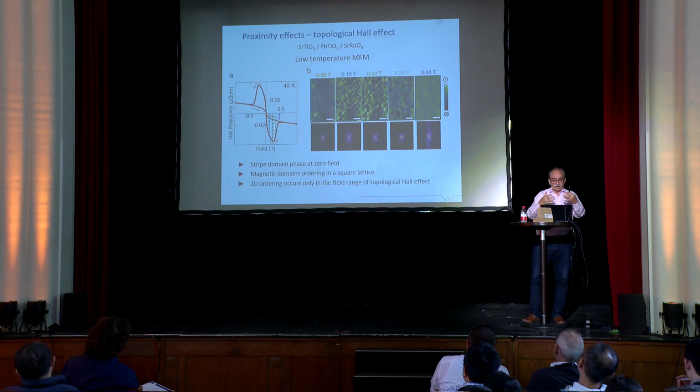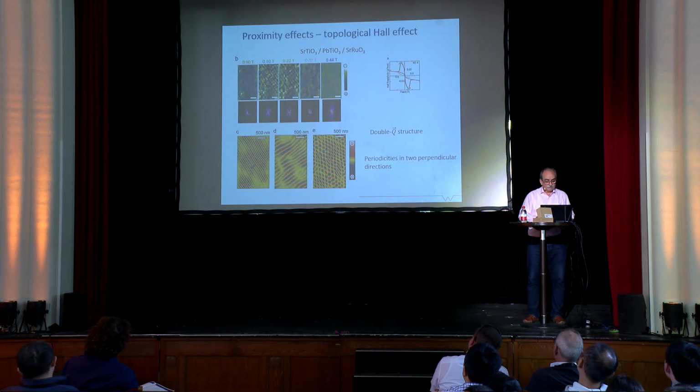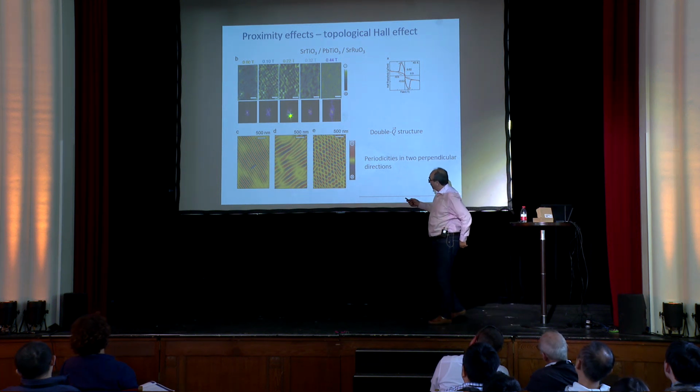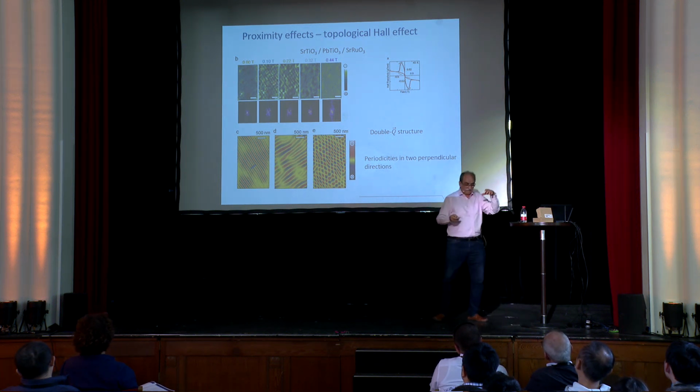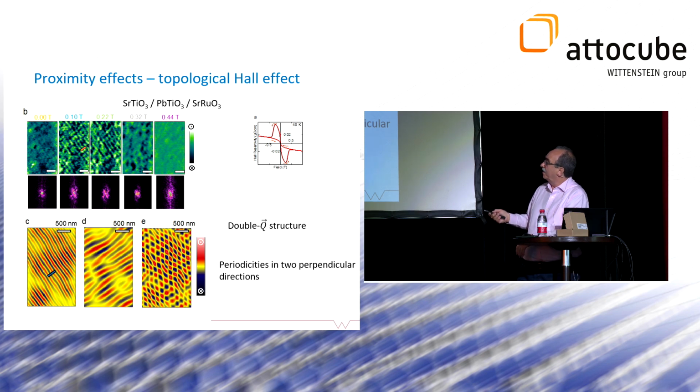Then we see that we have a striped domain, and practically two striped domains which are combined. And we can do this nicely by selecting different peaks in this Fourier transform, and we show that we have indeed a double Q structure.